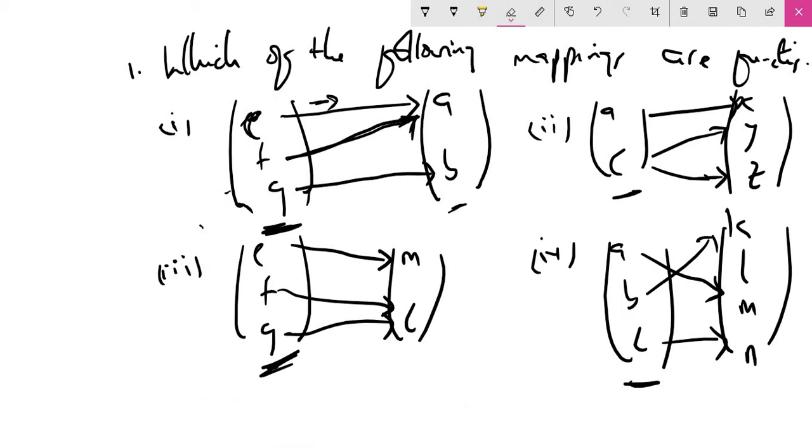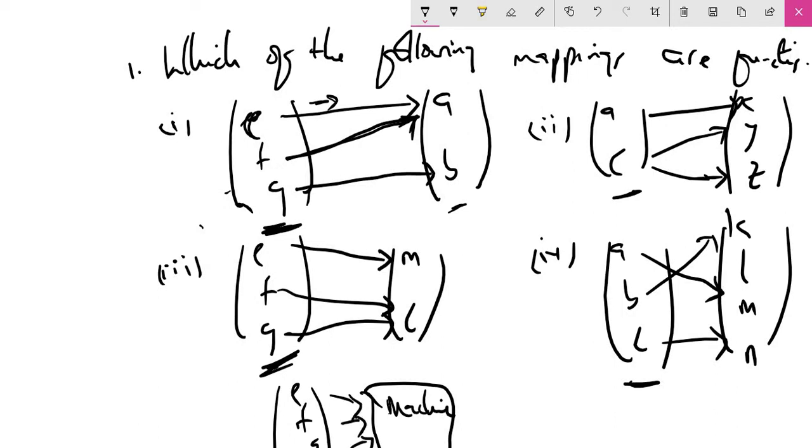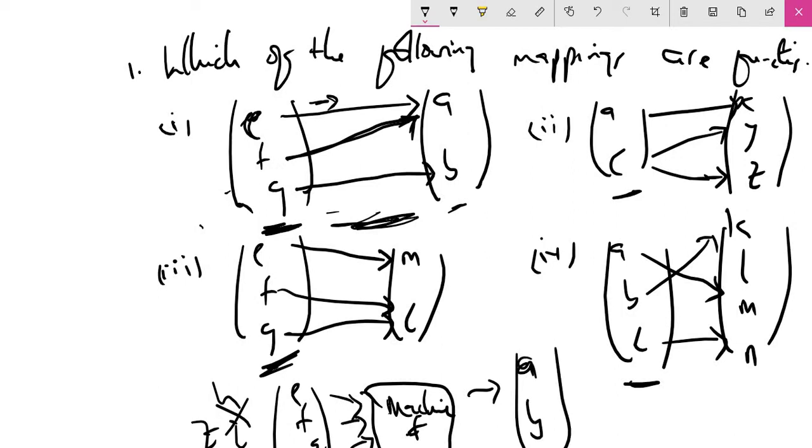Taking this for instance, E, F, G, these are the only inputs this machine takes. It doesn't take H or I or Z. Based on this expression, there's a function which takes only E, F, G, and then outputs. So E outputs A, and F also gives out A, and G gives B.